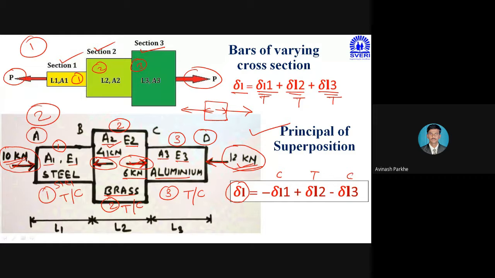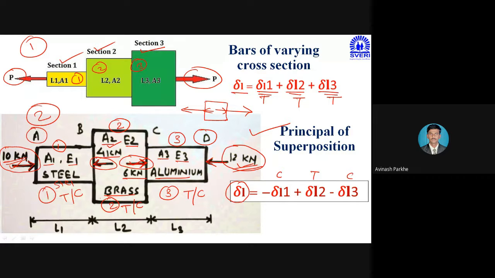But in case of the principle of superposition, that condition will not be applicable because this bar is subjected to a number of loads, external and internal, आणि एकच लोड म्हणजे 10 किलोन्यूटन पण आपण घेऊ शकत नाही, 4 किलोन्यूटन पण घेऊ शकत नाही, 6 kilonewton also it is not possible to take, 12 kilonewton it is also not possible to take.